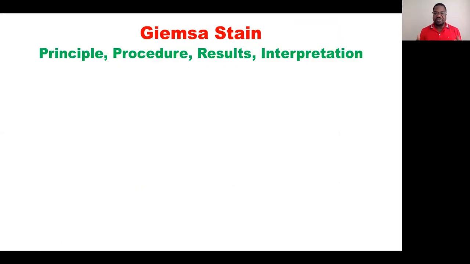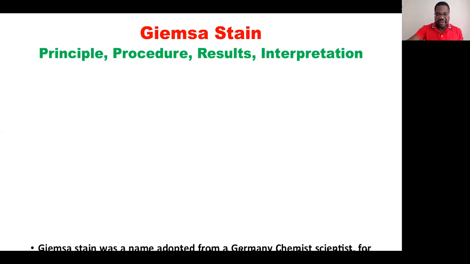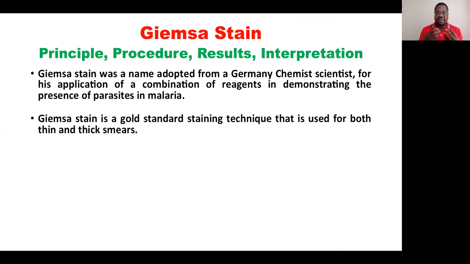Then after that, those slides will be stained. The stain that we use is called Giemsa stain. The name Giemsa is from a German chemist, named for his application of a combination of reagents to demonstrate the presence of the parasite in the blood.